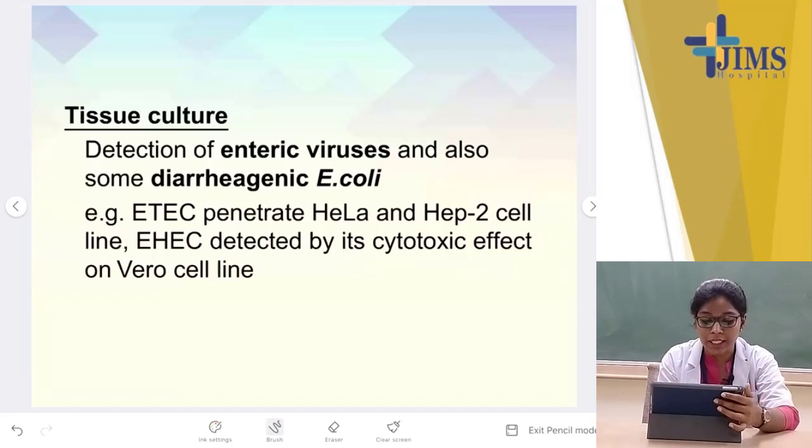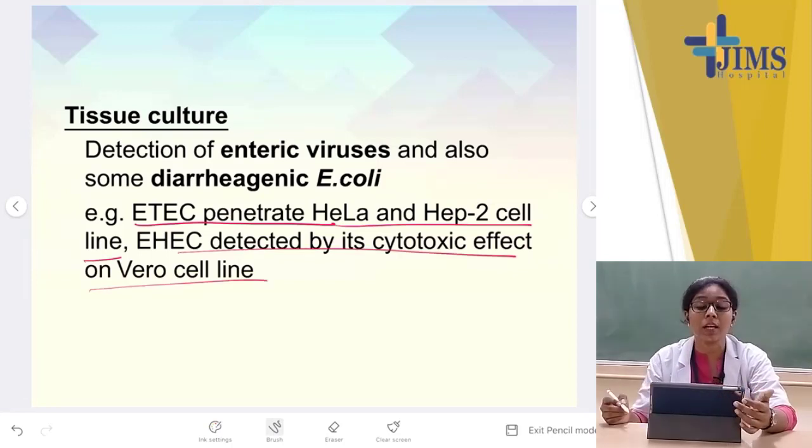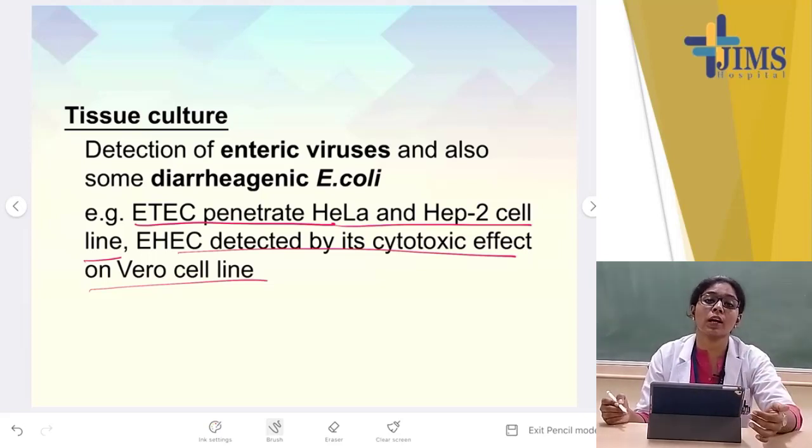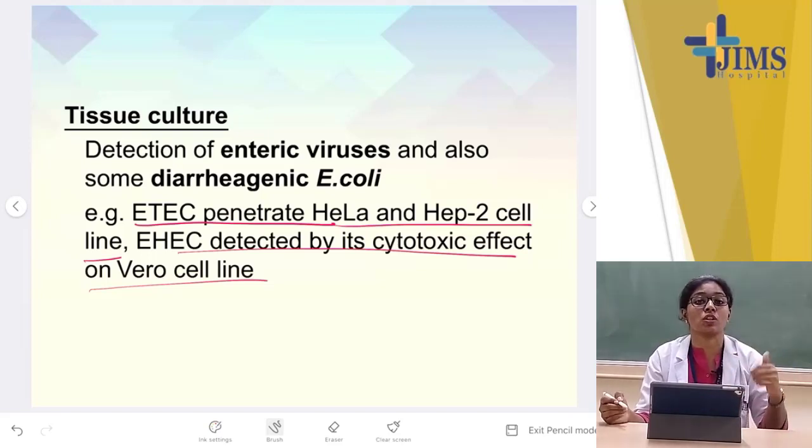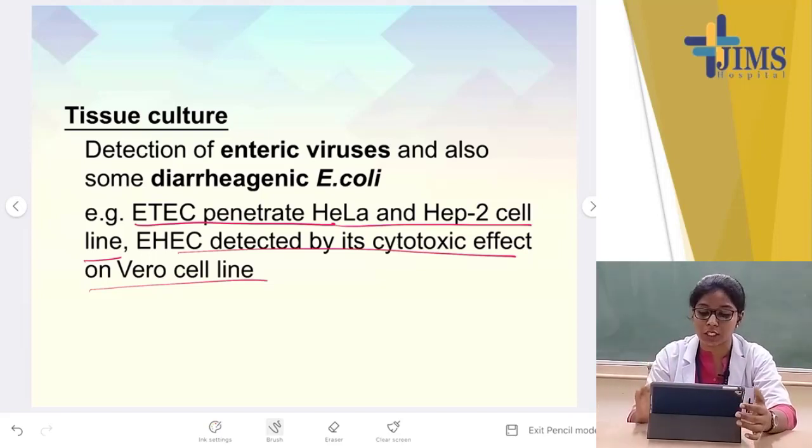For example, ETEC can penetrate HeLa and Hep2 cell lines. But in case of EHEC, it is detected by the cytotoxic effect on the Vero cell line. So, observing such phenomena on tissue culture, you can identify whether that E. coli is a normal commensal or a hemorrhagic, toxigenic or aggregative species.